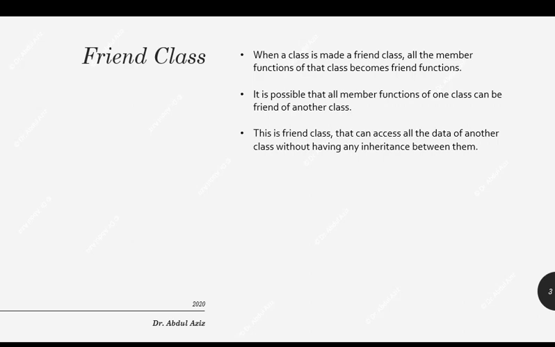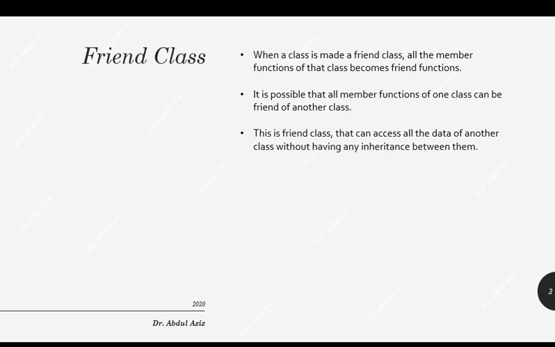As we know, a class cannot access the private members of another class. Similarly, a class that does not have inheritance with another class cannot access its protected members either. Therefore, a friend class is a class that can access the private and protected members of a class in which it is declared as a friend.